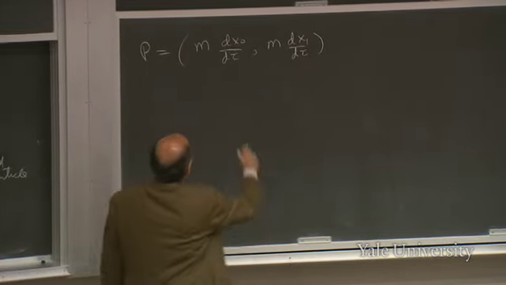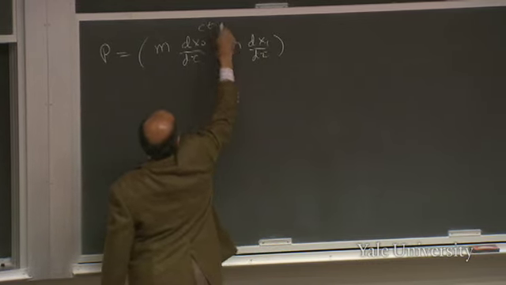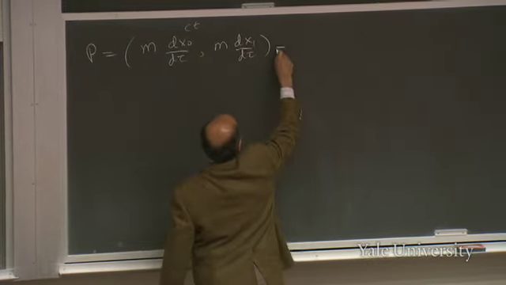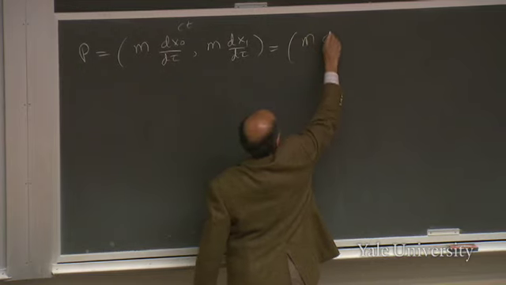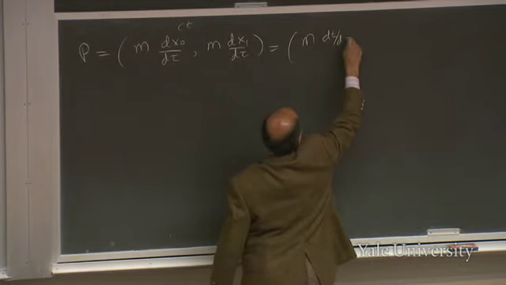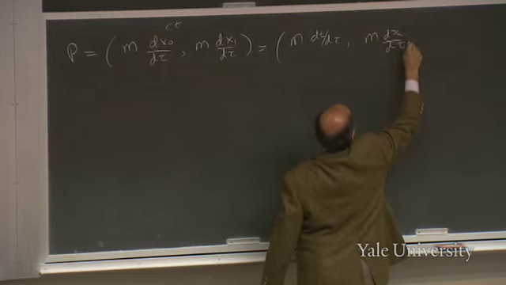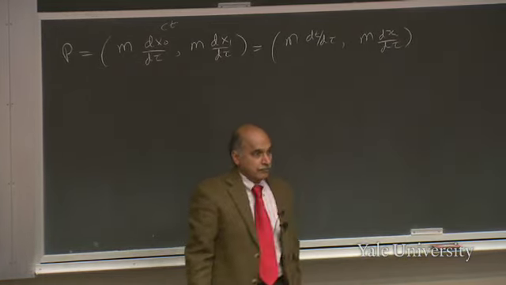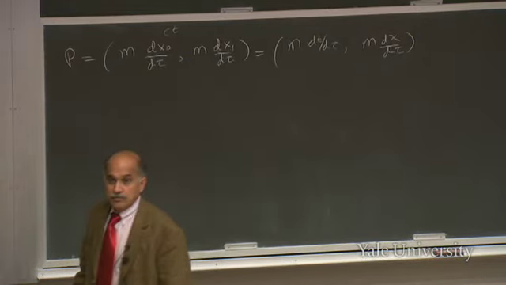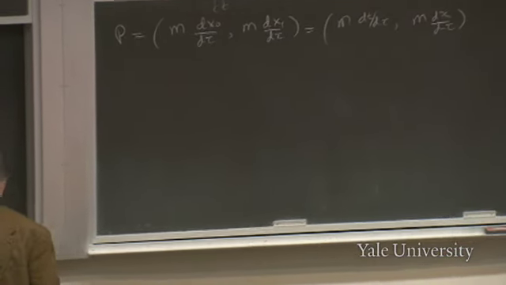Well, x0, you remember, was ct. So this really becomes m dt/dτ, m dx/dτ. This is guaranteed to be a 4-vector.